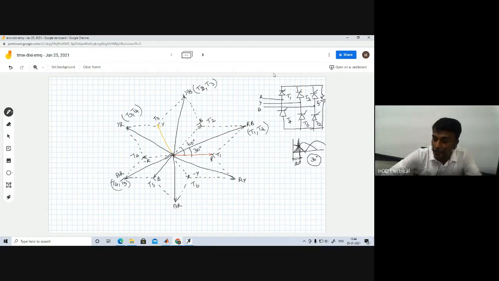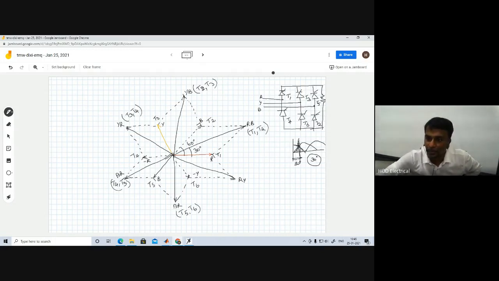Then BR is nothing but T5: B phase positive is T5 and R phase negative is T6.